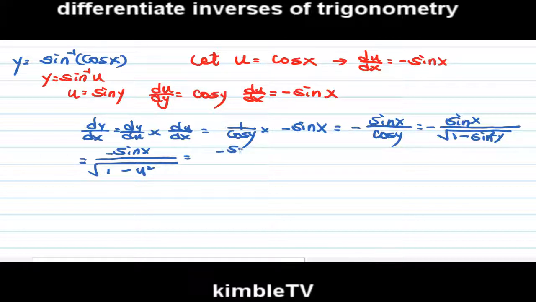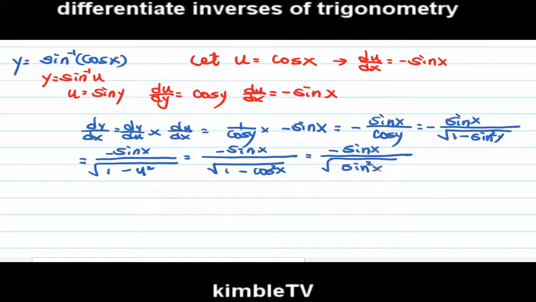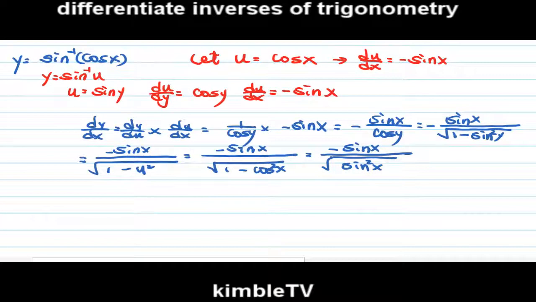Therefore minus sin x over root of 1 minus cos squared x. 1 minus cos squared x is the same as sine squared x. Minus sin x over the root of sine squared x, which is the same as the absolute value of sin x.